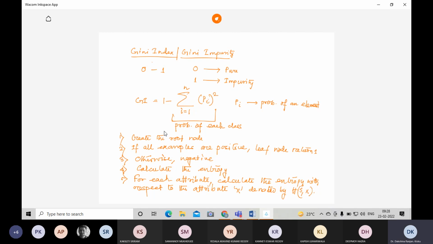So in this step, for each attribute, we calculate the entropy with respect to the attribute x denoted by H of S comma x. And in the next step, select the maximum value of information gain over S comma x.